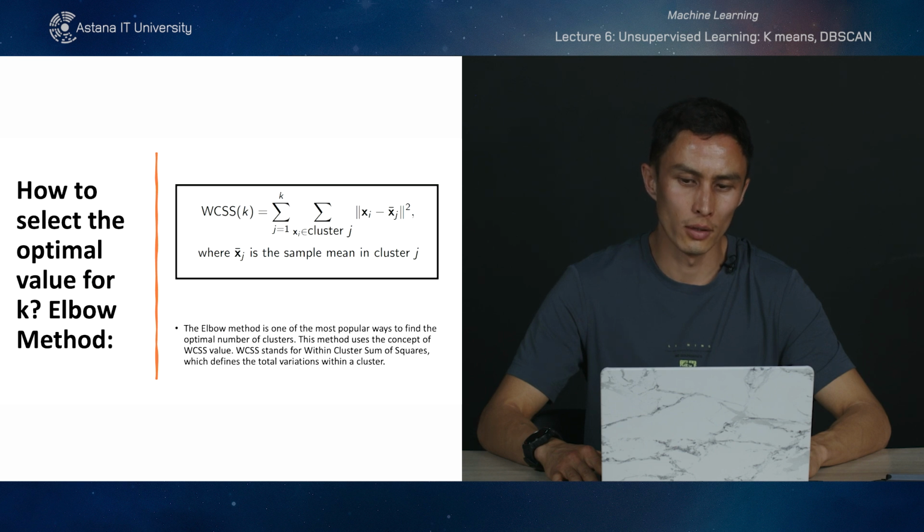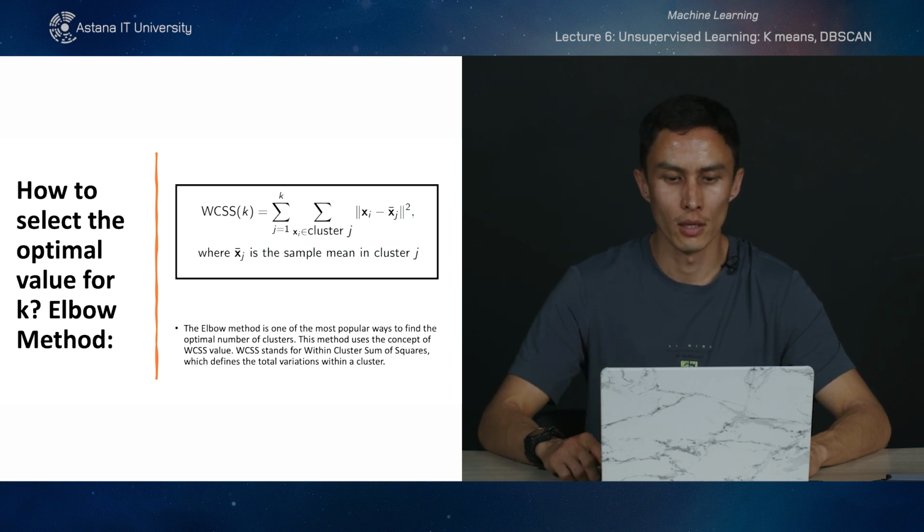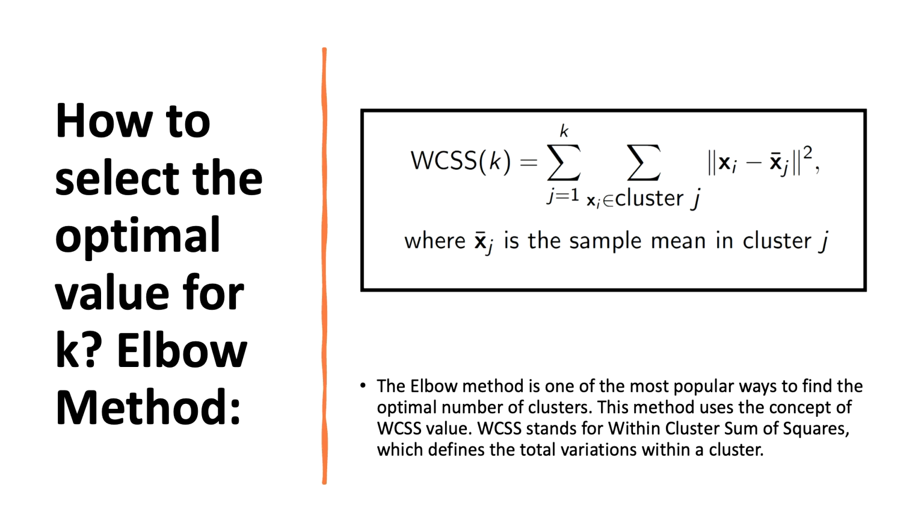Here, as I mentioned, in this k-means clustering algorithm, we should choose the value k by ourselves. In order to choose this value, there exists a term called within cluster sum of squares, which measures the total variation within the cluster.